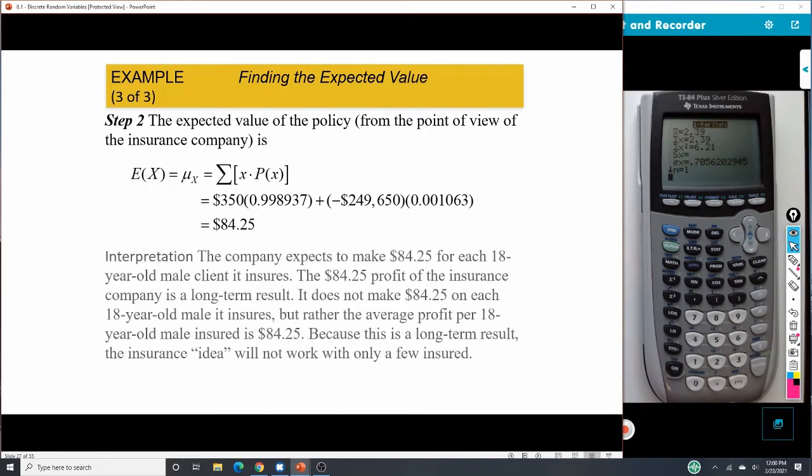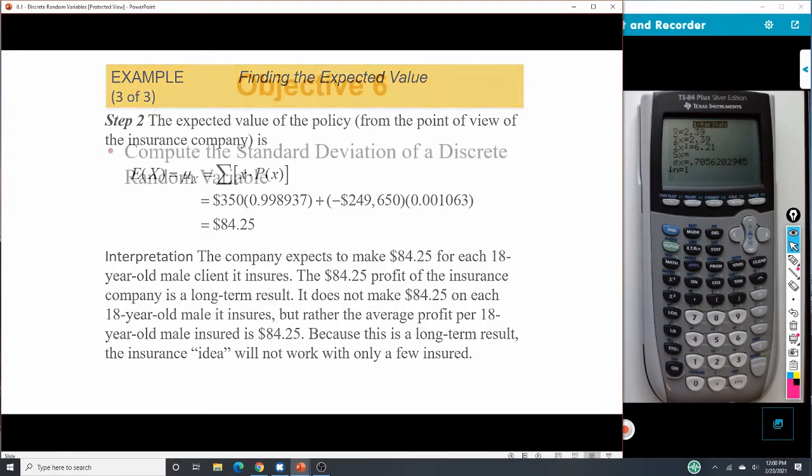All right, so what that means is that the company will expect to make $84.25 for each client it insures. So whether they have to pay out or not, that's because of the average of all those things. Because people will die during the year, so they're going to have to pay out on some people, but a lot of people they won't.